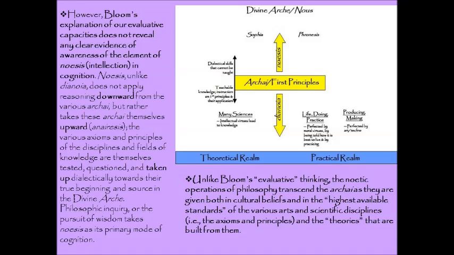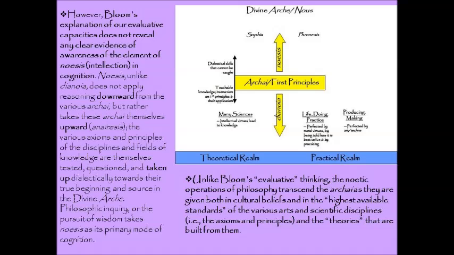So noesis, unlike dianoia, doesn't apply reasoning downward from the various principles, but rather takes these archai themselves upward. The various axioms and principles of the disciplines and fields of knowledge are themselves tested, questioned, and taken up dialectically toward their true beginning and source in the divine archai.